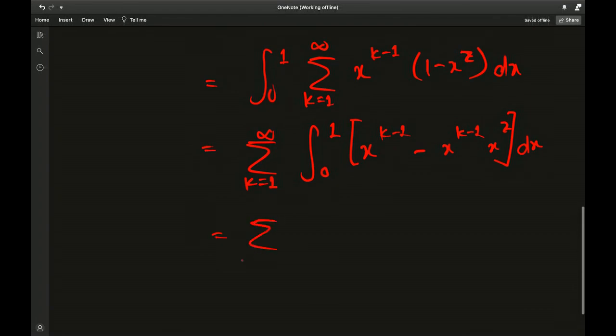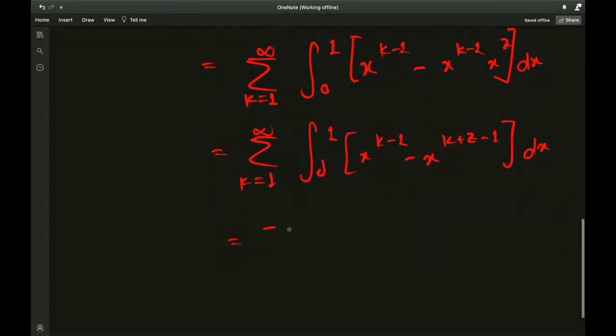We have the sum from k equals 1 to infinity, integral from 0 to 1, of x to the k minus 1 minus x to the k plus z minus 1 dx. Now use the power rule for integration. We have x to the k over k minus x to the k plus z over k plus z, evaluated from 0 to 1 though.